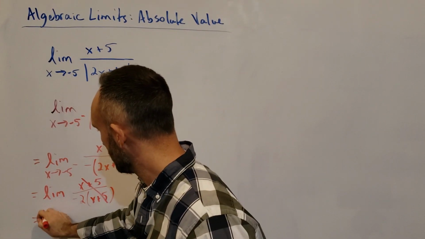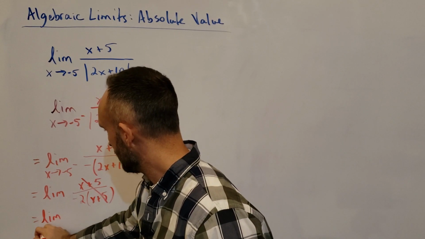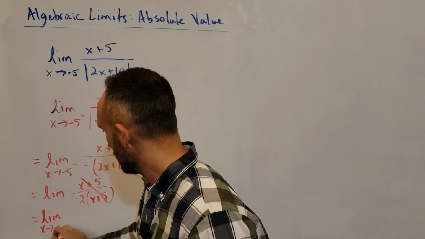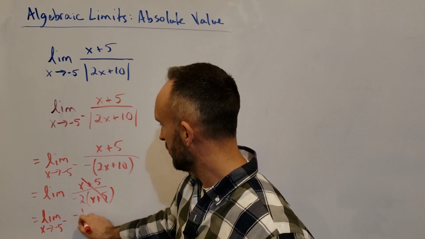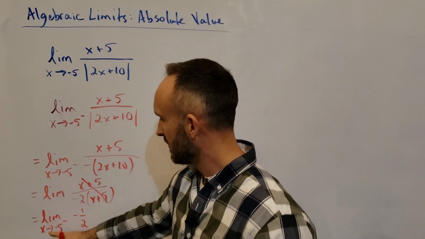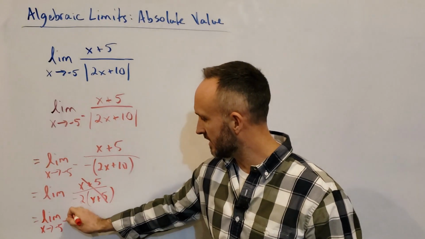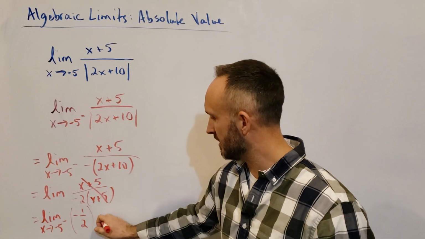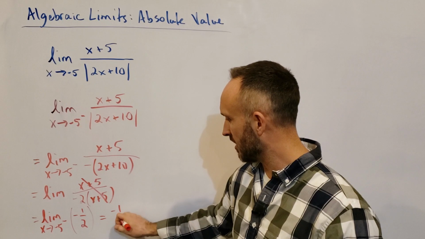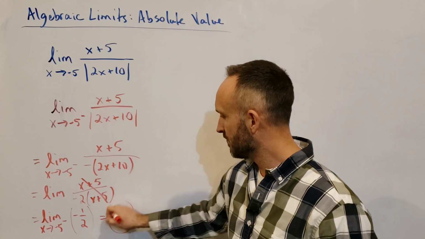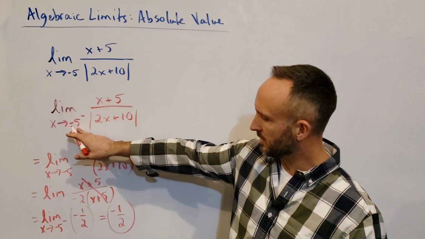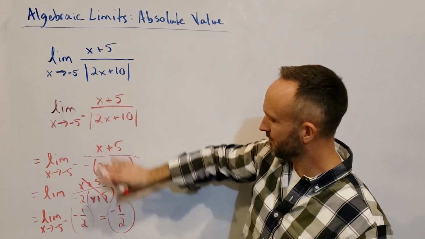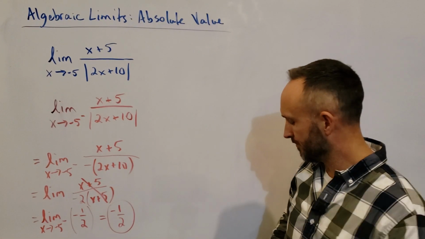We have the limit as x approaches -5 from the left of 1 over -2, which is -1/2. And since we're taking a limit of a constant, the answer is just the constant. It's totally independent of the x value. So as we approach -5 from the left, this function approaches -1/2.